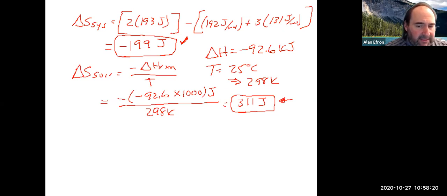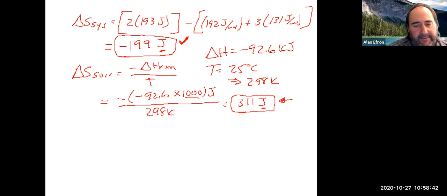So you can make some of these predictions before you do the calculations, or even after, just to verify that your numbers are okay. And again, a reminder, I've multiplied it by 1,000 so that they both will be in units of joules at this point. Any questions on that there?